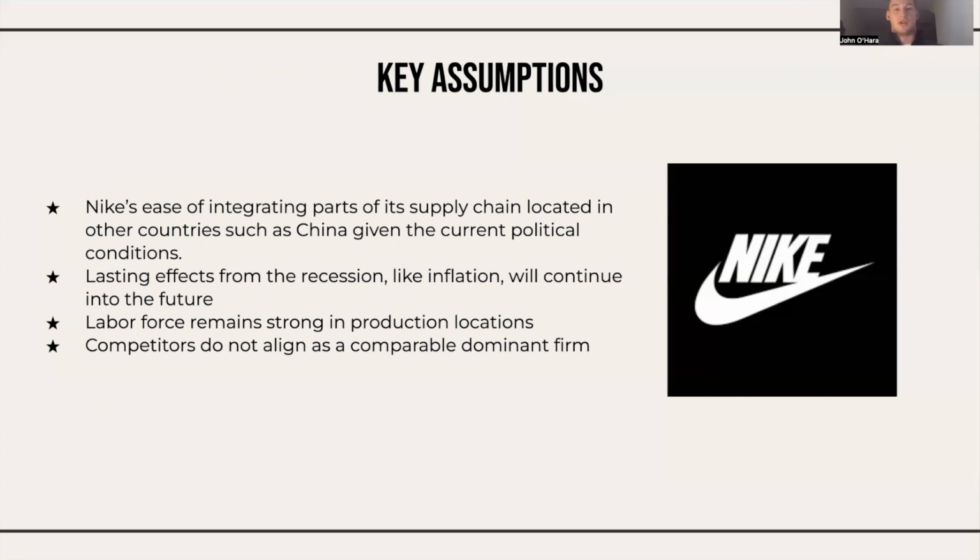And then also the labor force remaining strong in global production locations, such as China, which has seen a lot of unrest recently, such as the Apple strikes going on. And then Nike's competitors not aligning as a comparable dominant firm in the athletic wear and accessory space is also another key assumption.